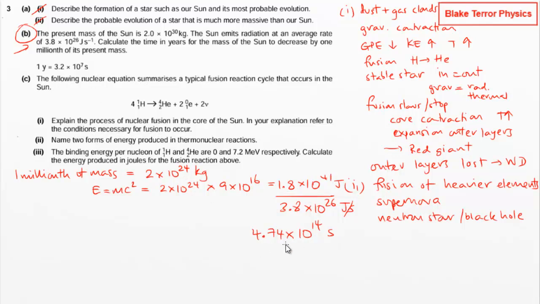And now we have to get that into years. So we divide that by the seconds in a year, 3.2 times 10 to the 7 seconds per year, because that's what this is here. And then that gives us 1.5 times 10 to the 7 years.